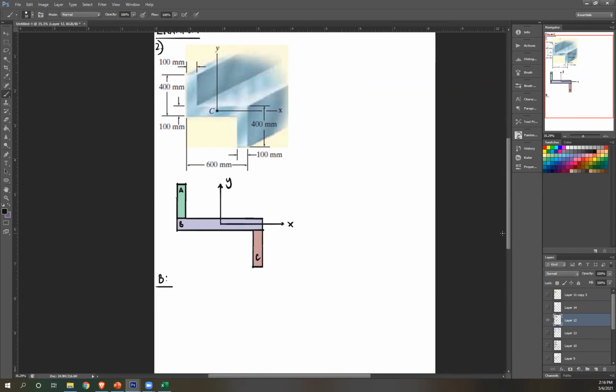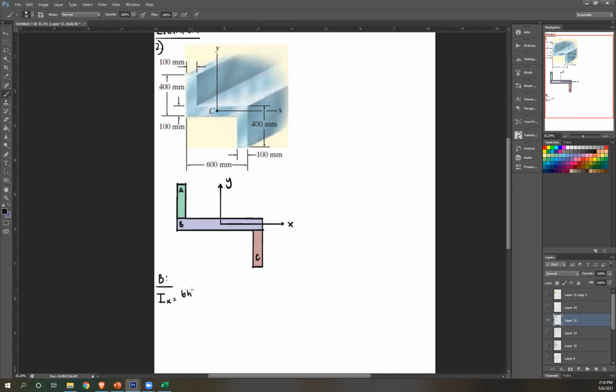So using B, let's start with the moment about the x-axis. Your x-axis is at the centroid, so I need the equation for the moment of inertia about the centroidal axis of a rectangle. The equation for that is b h cubed over 12, so you can use that.